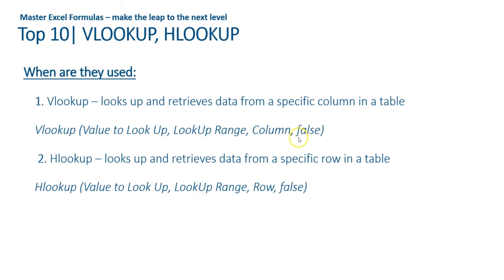False ensures that an accurate outcome is provided, whereas if this is true, the outcome can be approximate as well. Hlookup is pretty similar, but this formula actually retrieves data based on rows rather than columns.